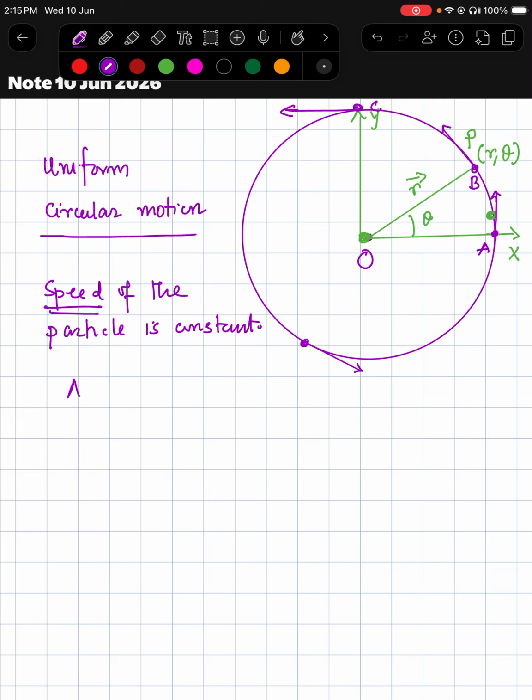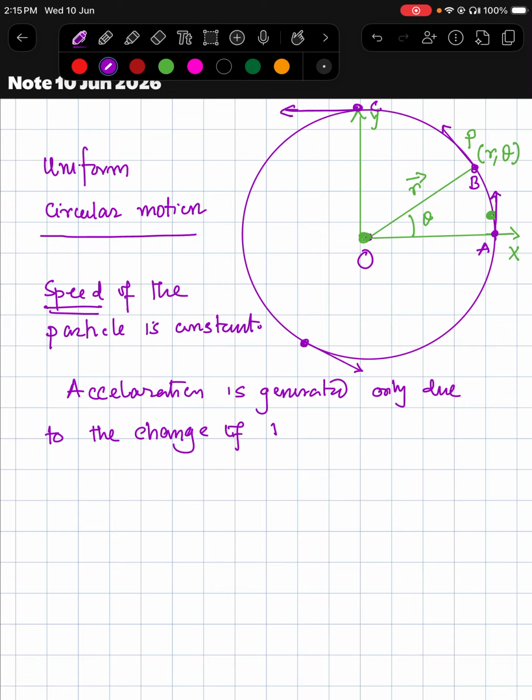So this acceleration is a particular, peculiar acceleration, which is generated only due to the change of direction of velocity.